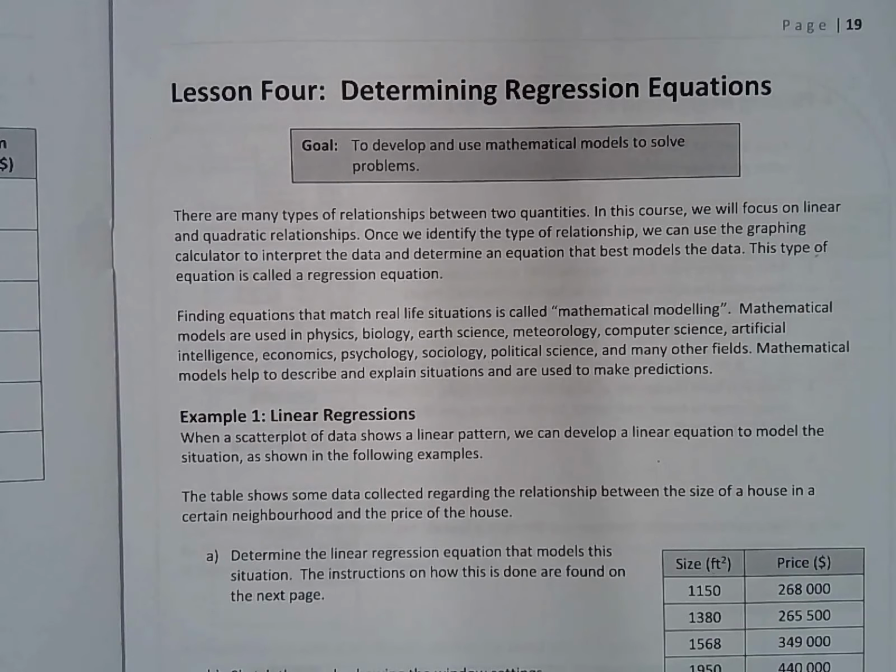Now, the question is, what is a regression equation? A regression equation is the equation that describes the trend of the data. Sometimes when we see that the data is linear, we're going to look at linear regression.